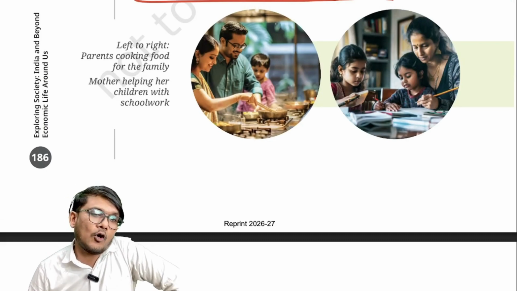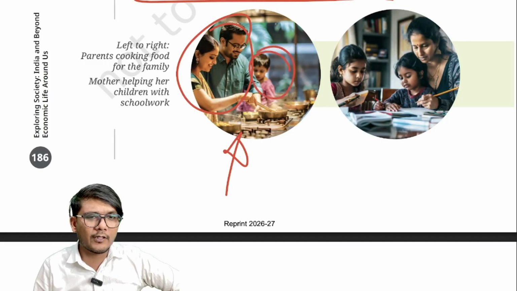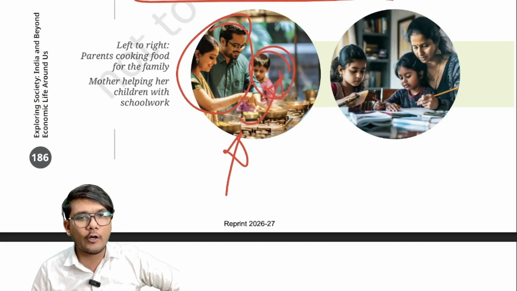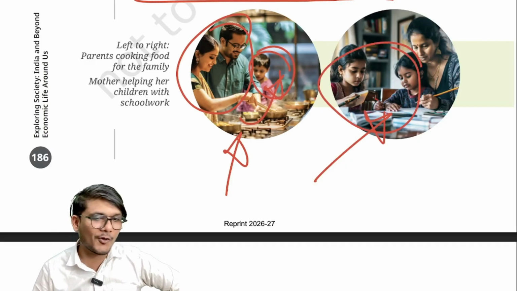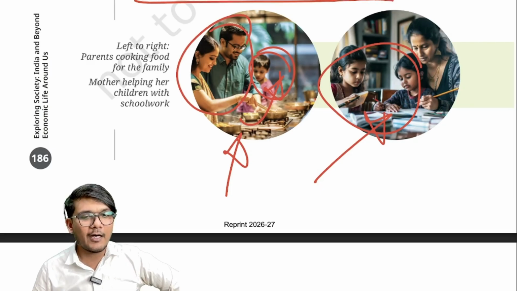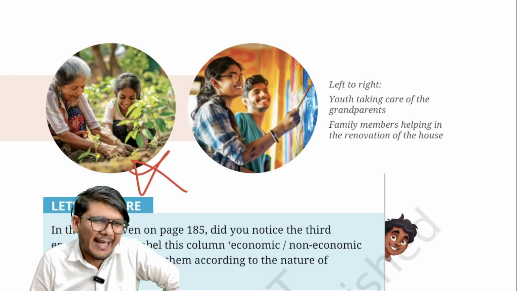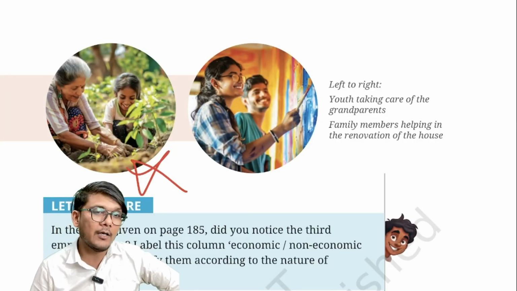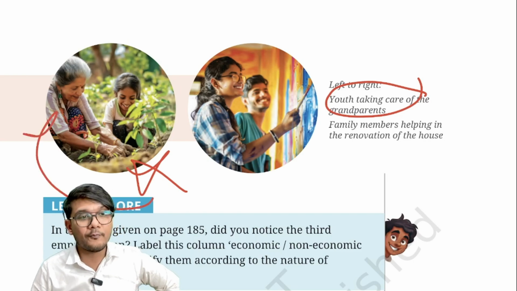Now here, these are non-economic activities wherein the parents are making food for themselves, for their children as well, non-economic activity. Then the mother helping their children, helping their daughters in their homework, non-economic activities, right? Then again, you are planting your own garden and keeping the air clean, the garden clean, the parks, the veranda clean, so on and so forth, right? So you taking care of their grandparents also, fair enough.